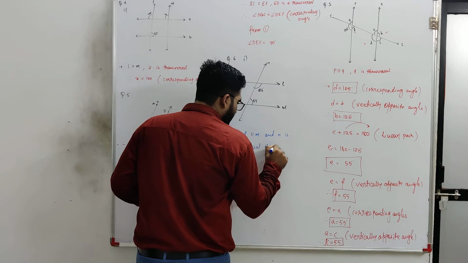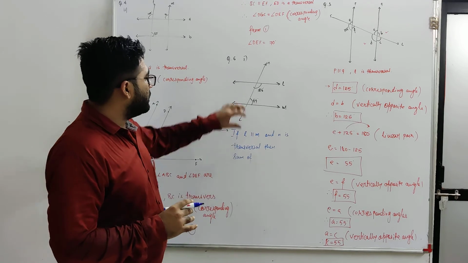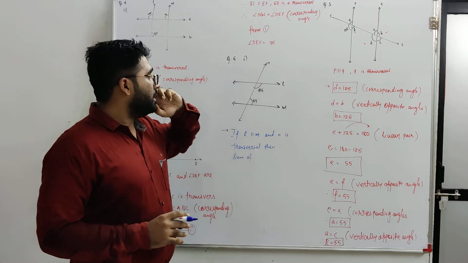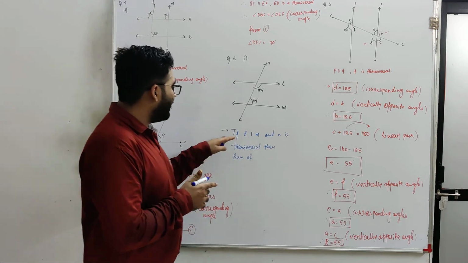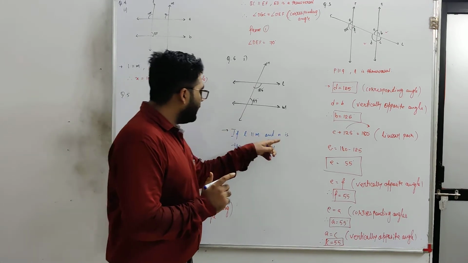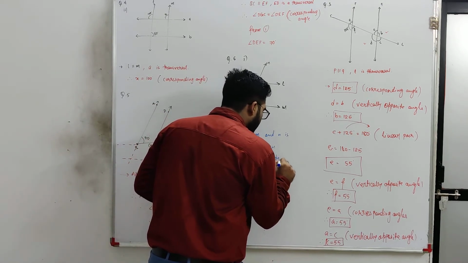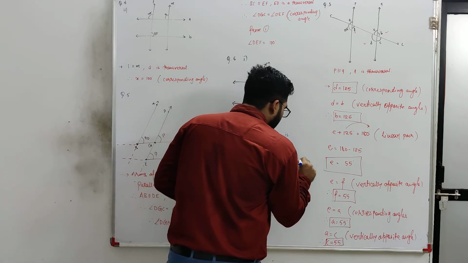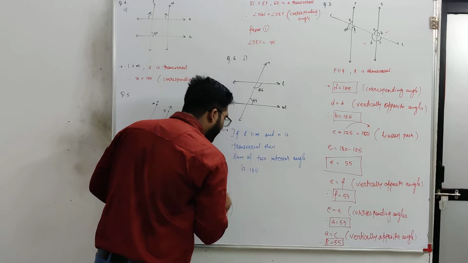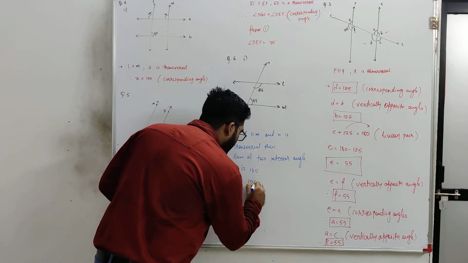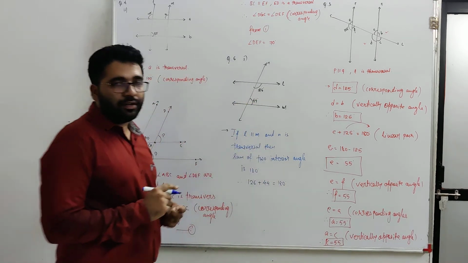If L is parallel to M and N is a transversal, then the sum of two interior angles is 180 degrees. You can apply any identity, but here we have only the condition that two interior angles are given. So therefore, when I add 126 plus 44, it should be equal to 180 degrees. Why? Because they are two interior angles.